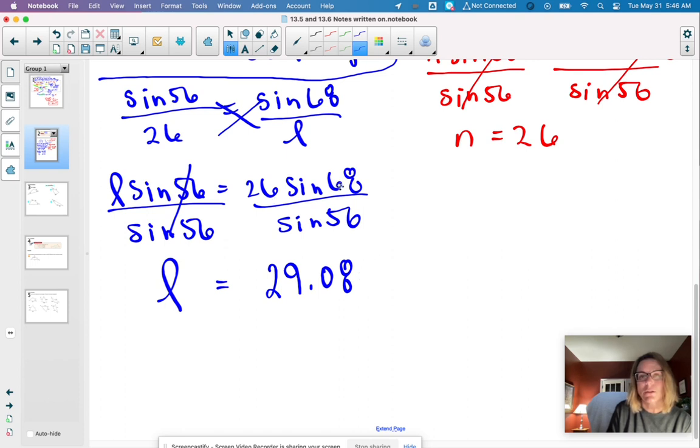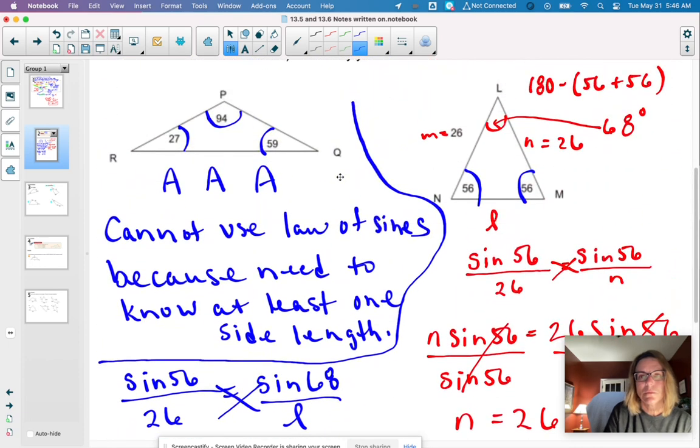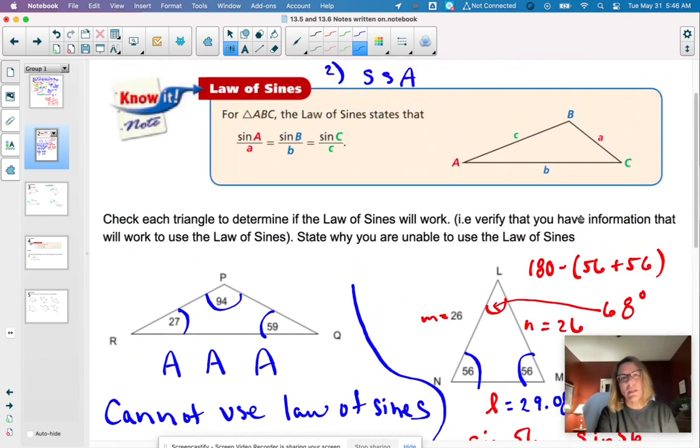Type this in our calculator and be in degree mode. And we found all the missing angles and sides.